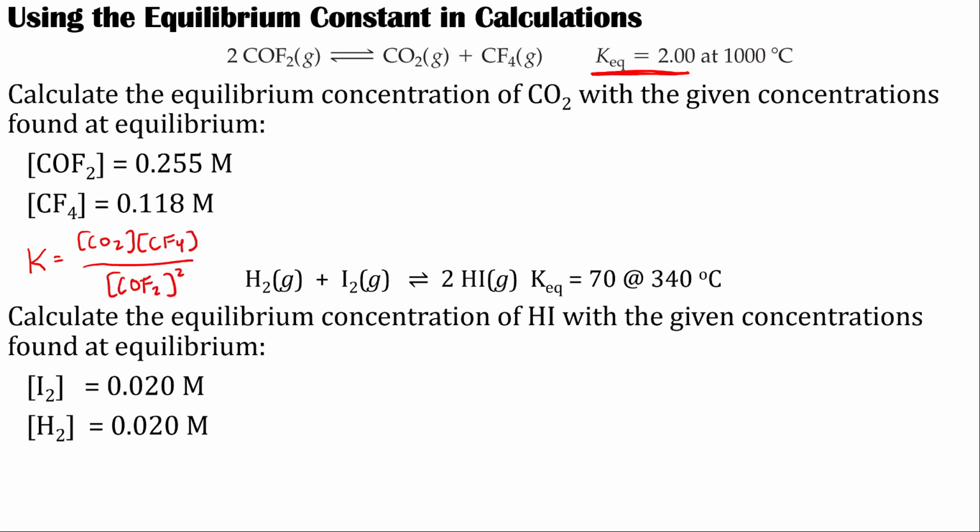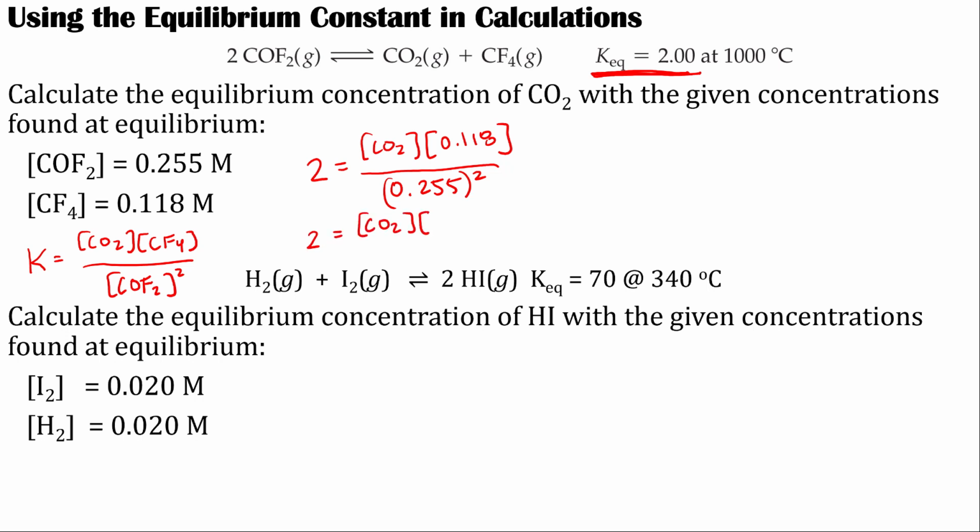And then I'm going to plug in what I know, and so I know that my K is 2, and my CO2 is what I'm looking for, and I have CF4 and COF2. Okay, so I have 0.065025, that's 0.255 squared, so all I did was square that and plug my number back in.